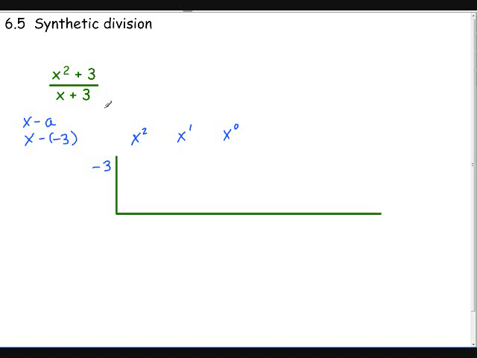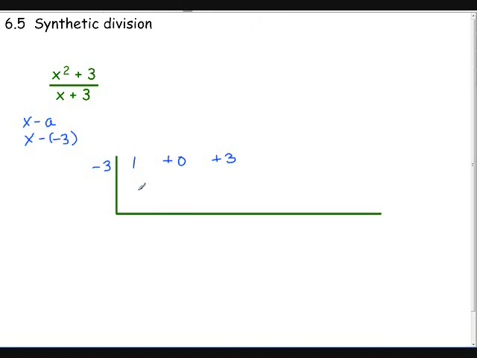Now my leading coefficient here is 1. And then what do I have? I need a placeholder. So I'm going to say plus 0. And then I've got a plus 3. Now I'm going to erase these. We know what they are. I don't think I need to be writing them down.